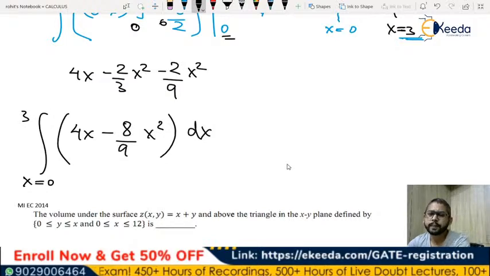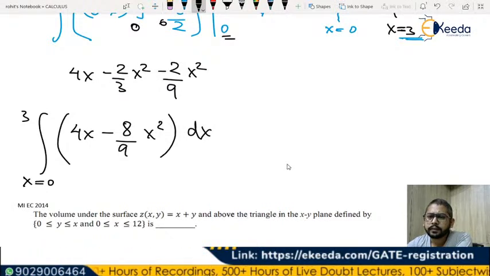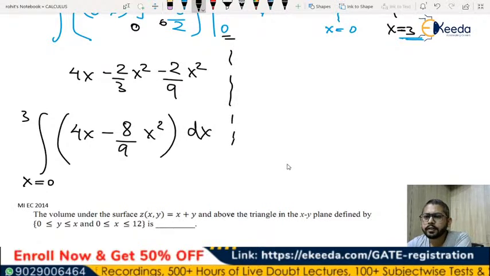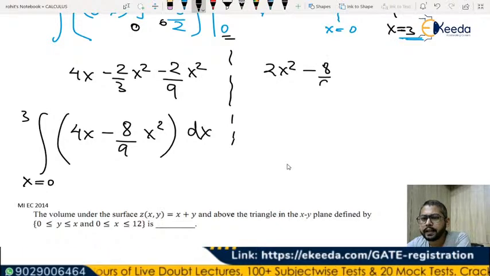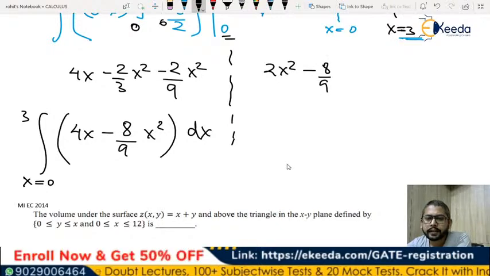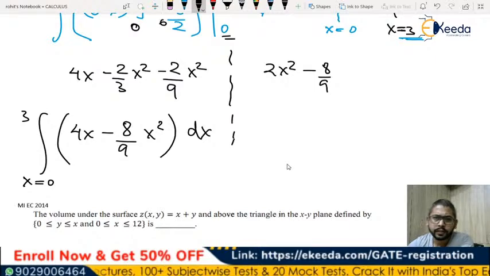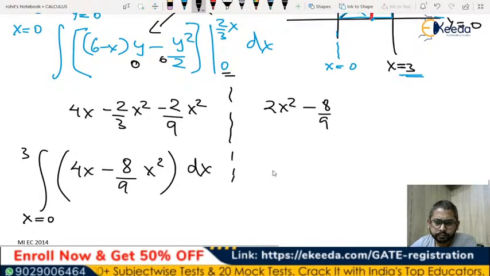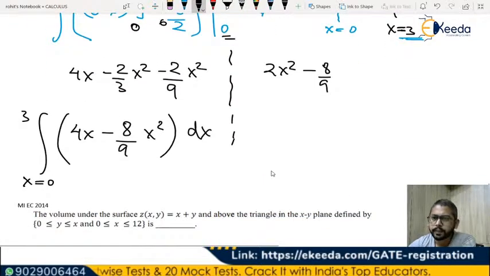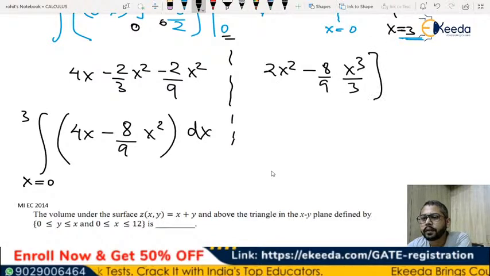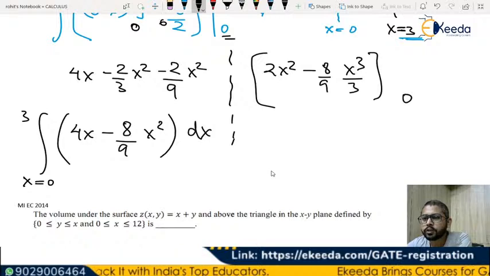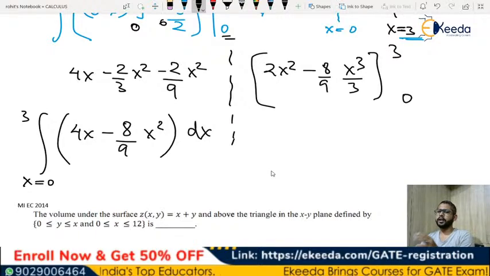Do the calculations. So I'm writing it here. This is 2x square, the first one, and minus 8 by 9 x square. Is it x square? Yes, x square. So this becomes x cube by 3. Putting the limit 0 to 3. So if you put the lower limit 0, everything will become 0.